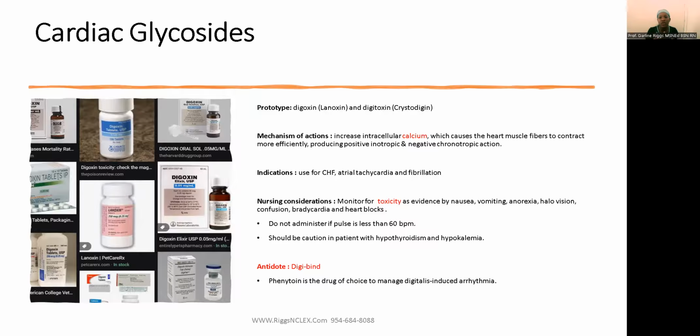That's how it gets the heart to contract better, not harder, but better. But it's via that calcium inside the cells. Great for congestive heart failure, which we're going to talk about, and atrial tachycardia and atrial fibrillation, which we've already talked about.